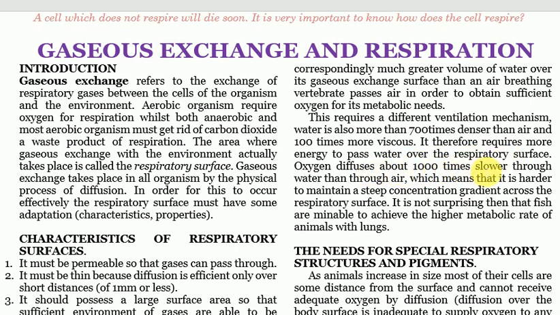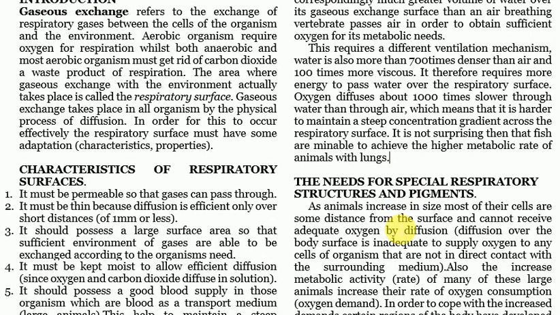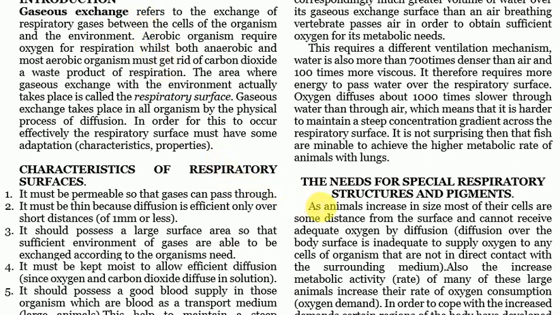Oxygen diffuses about 100 times slower through water than through air, which means that it is harder to maintain a steep concentration gradient across the respiratory surface. It is not surprising then that fish are unable to achieve the higher metabolic rate of animals with lungs. Fishes use gills to respire, but they can't achieve the higher metabolic rate as animals do, because they can't perform gaseous exchange as efficiently.